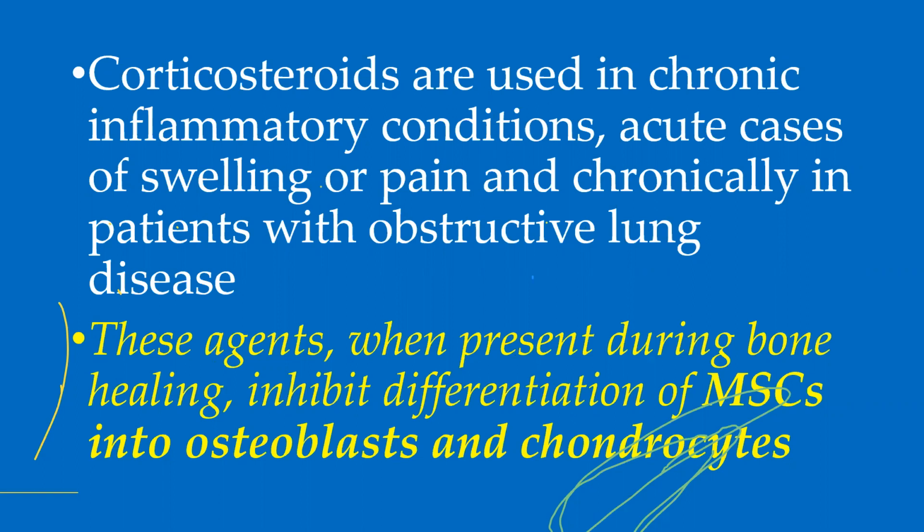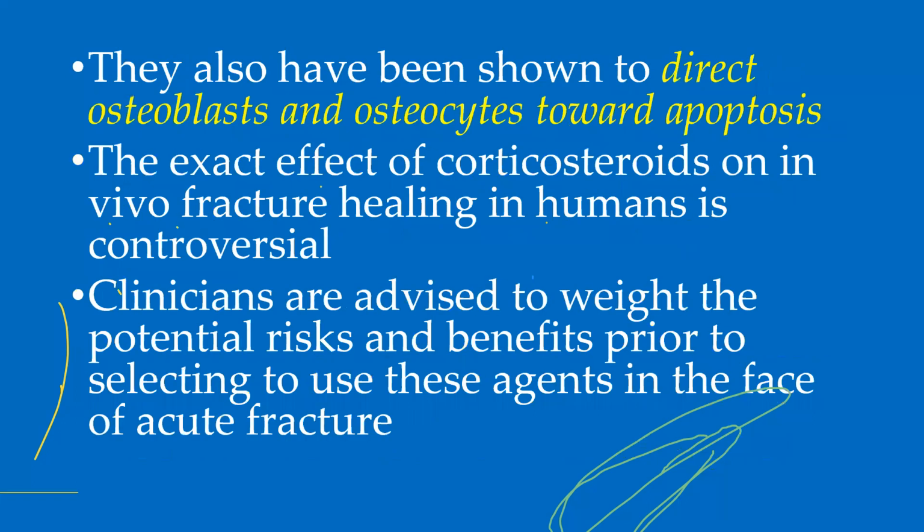These agents, when present during bone healing, inhibit differentiation of mesenchymal cells into osteoblasts and chondrocytes. They also have been shown to direct osteoblasts and osteocytes towards apoptosis, meaning they die.